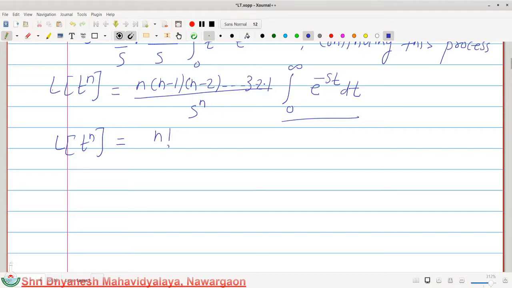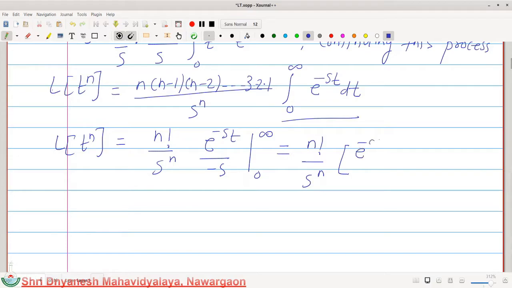This is nothing but your n factorial upon s to the power n into integration of this. You can evaluate this easily. What is the integration of e to the power minus st? This will be e to the power minus st upon minus s with the limits 0 to infinity. What does it equal? It will be n factorial upon s to the power n, e to the power minus st at upper limit, that is infinity.